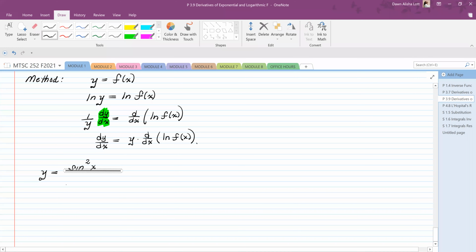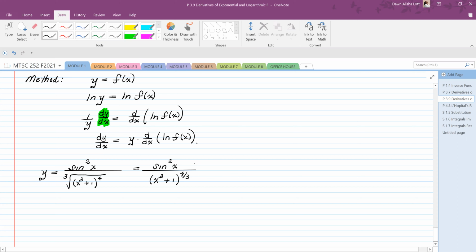Okay, I'm going to rewrite that first as the sine squared of x over, using my fractional exponents, x cubed plus 1 to the 4 thirds power. Okay, so let's start there.